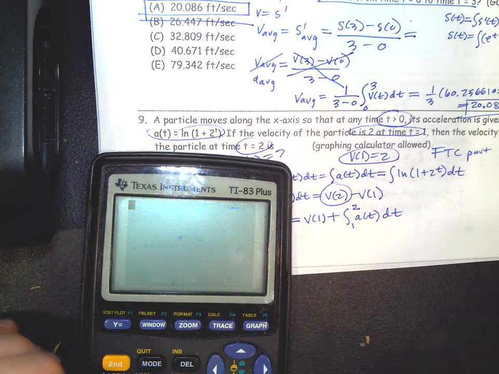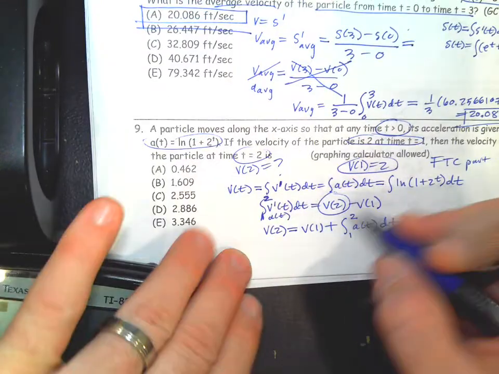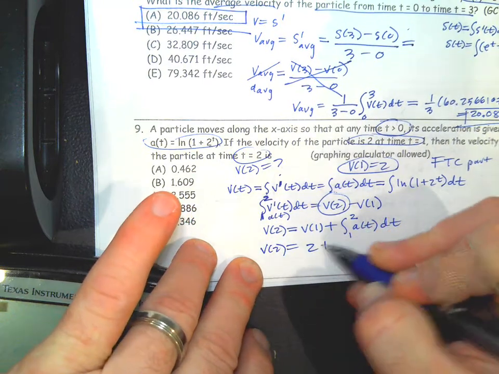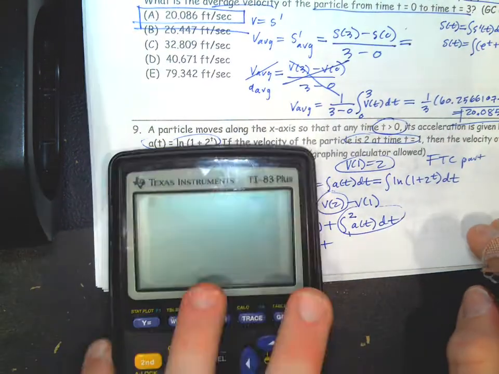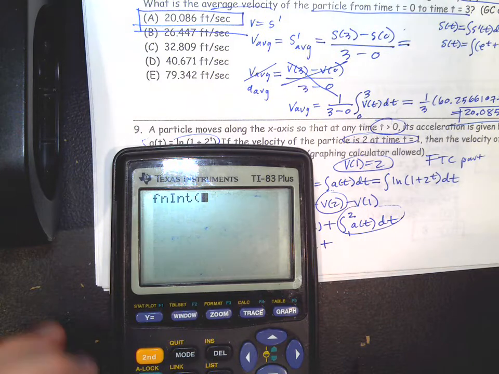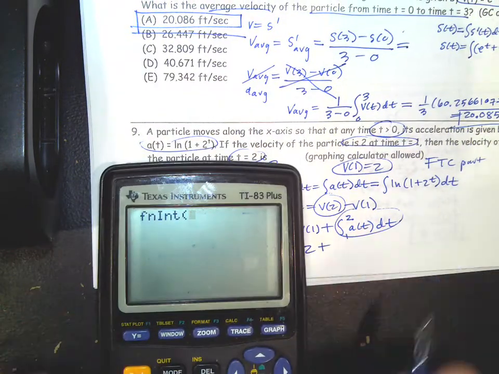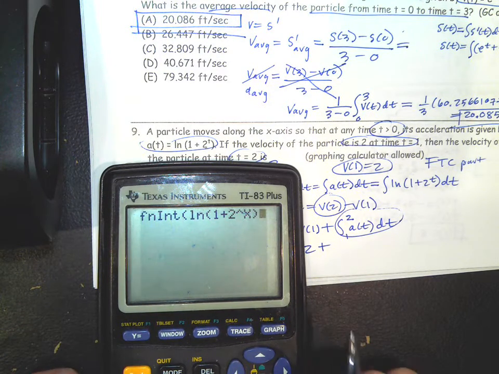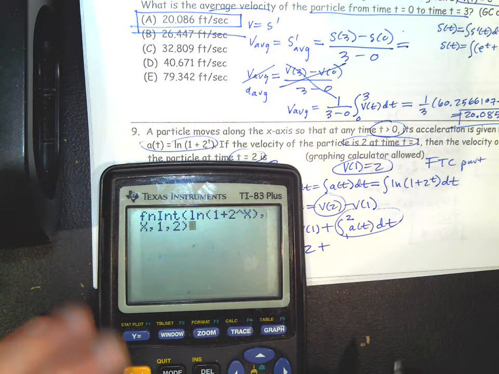So now V1 was 2. And then we can use our calculator to do that. So math 9, natural log of 1 plus 2 to the x, close, comma, x, comma, 1, comma 2.